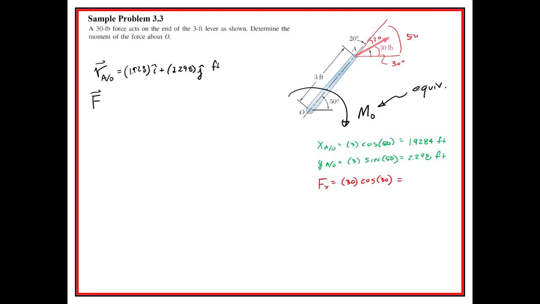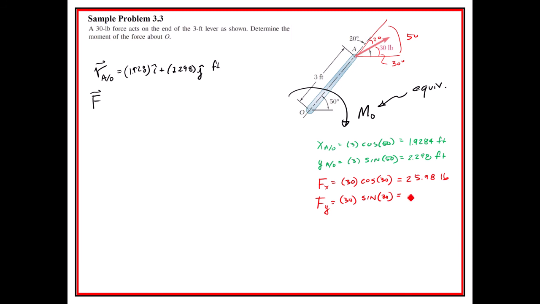No, it's 0.86. 30 times that, so that's 25.98 pounds. Fy is equal to 30 times the sine of 30, which is just half, right?